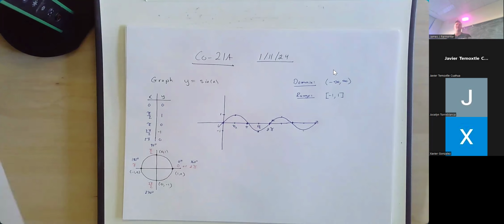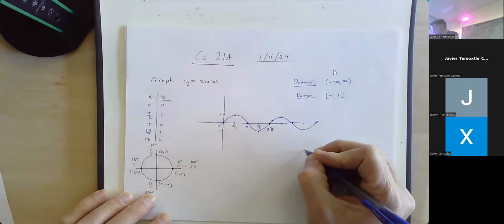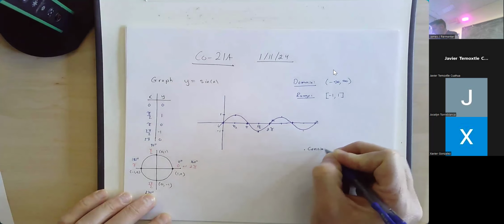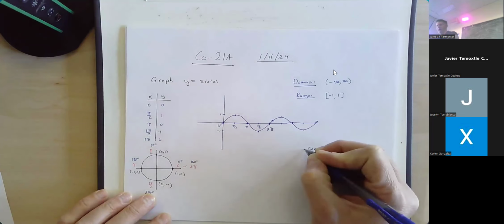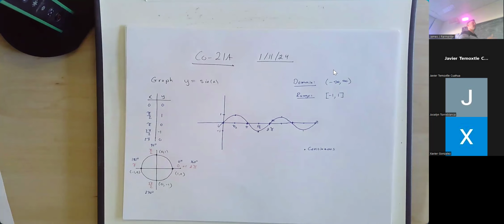What are some other interesting properties of the sine function? Like most functions, I would say, it is continuous. There's no breaks. Or as people often say, I could draw the graph without lifting my pencil off the paper, or pen or whatever you're writing with.